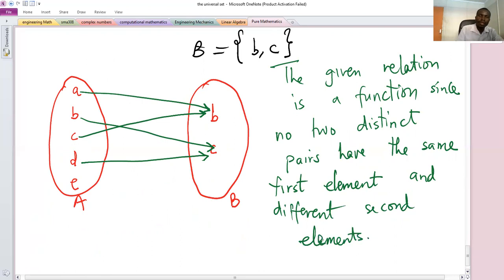So that's the reason. Remember, what matters is how the arrows are moving from the set A to set B.